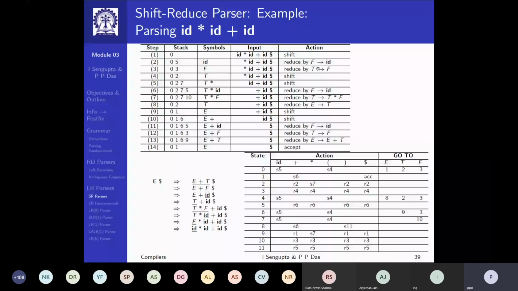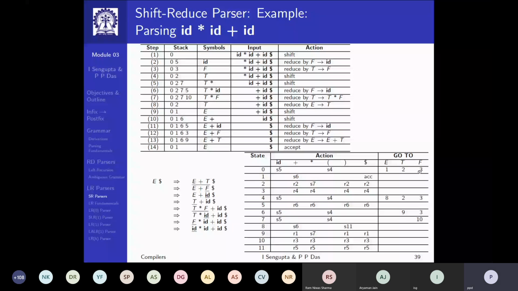I'm doing reduction by 6 because that was my 5-star action, reduction by 6. So I remove ID, I push in F. My exposed state is 0, my symbol is F. So in 0, I look at F, which is 3. I put in 3. This continues.